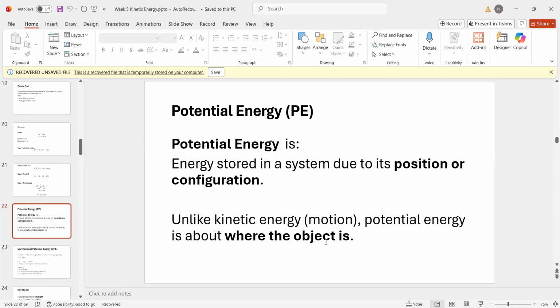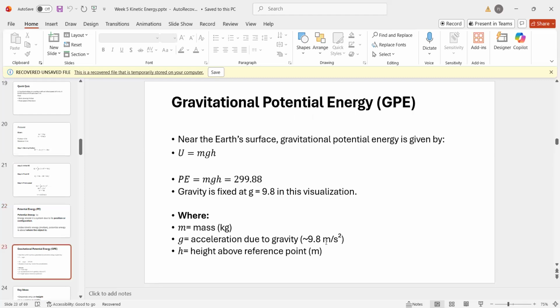So potential energy is all about where the object is. Where is the object? So when the object starts moving, you change from potential energy to kinetic energy. We call something gravitational potential energy.